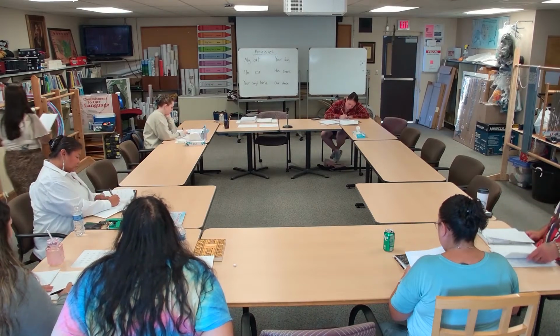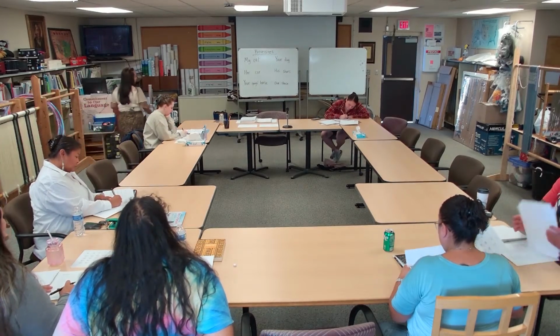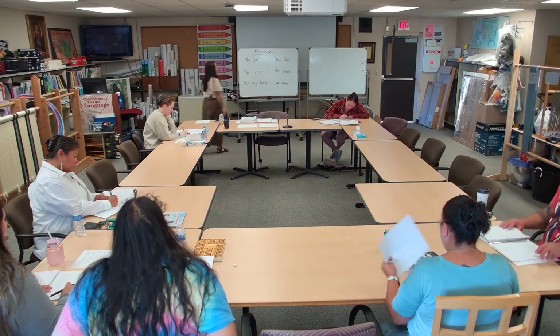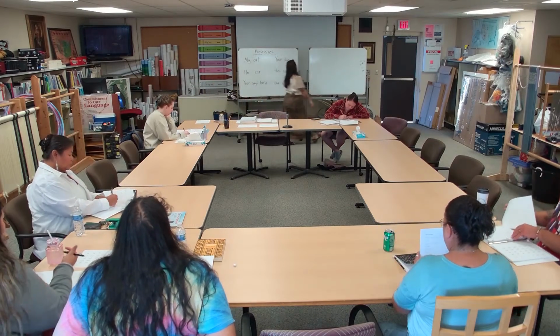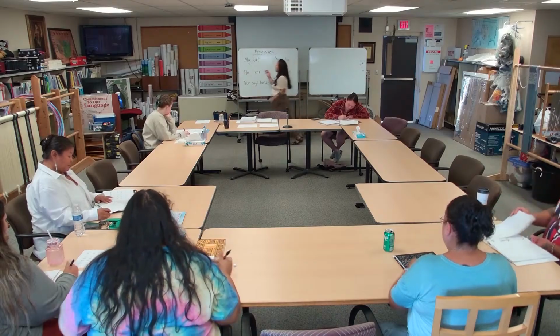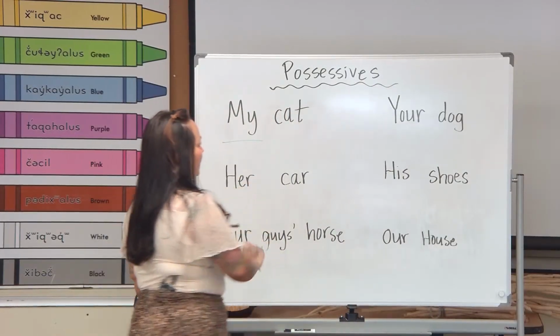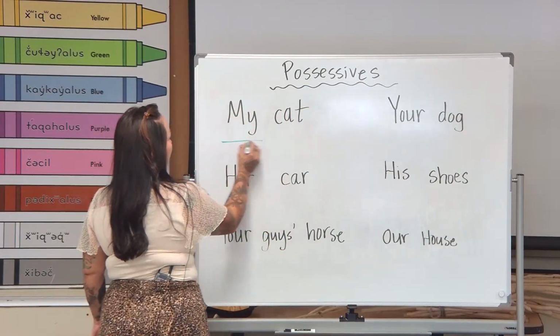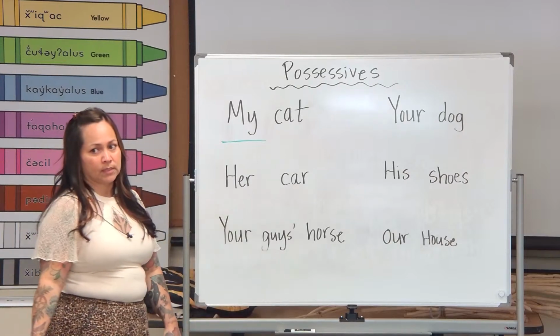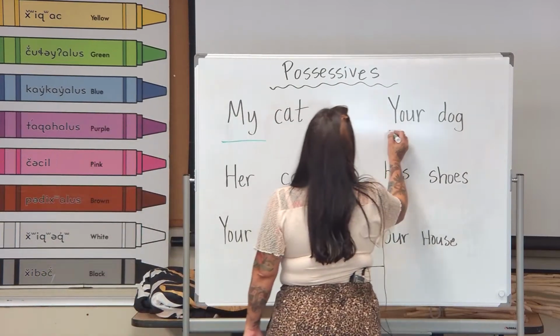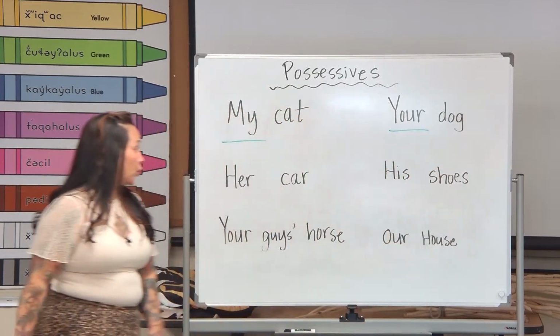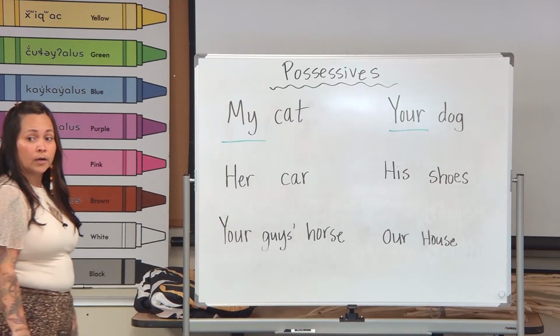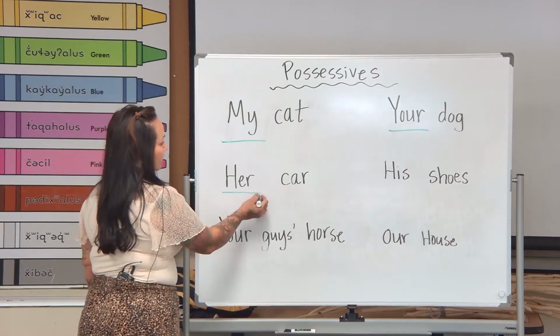So, possessives, like the ones on the board. In my cat, what would be the possessive? My. In your dog, what would be the possessive? Her car, her.